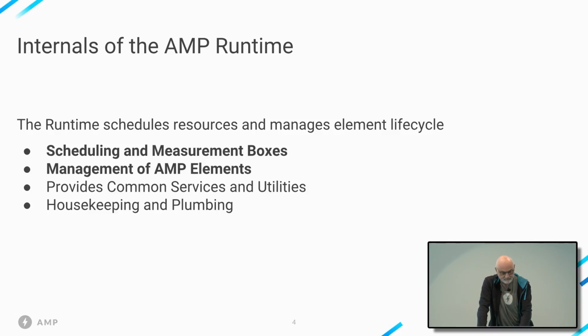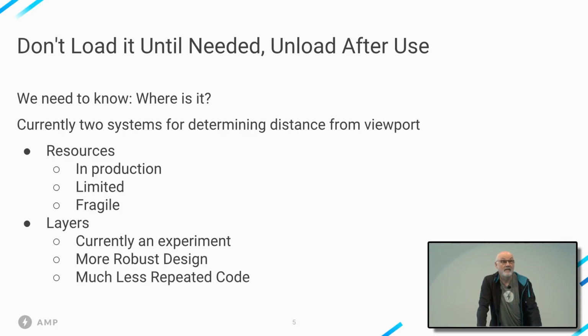So, moving along. What is it trying to do here? It really comes down to don't load it till you need it, and unload it when you don't. To do that, we need to know where things are on the screen, or where things are on the page. And that actually turns out to be harder than it looks. There are actually two measurement systems within AMP at the moment.